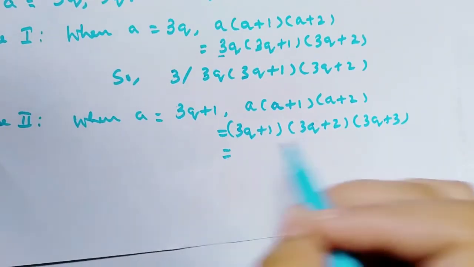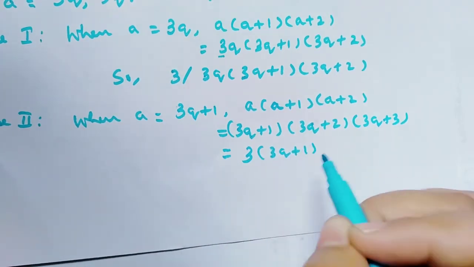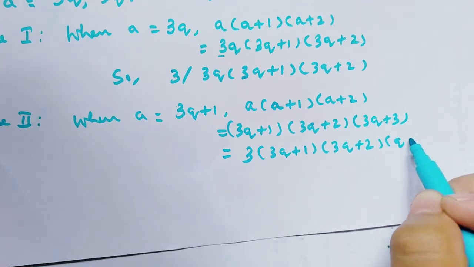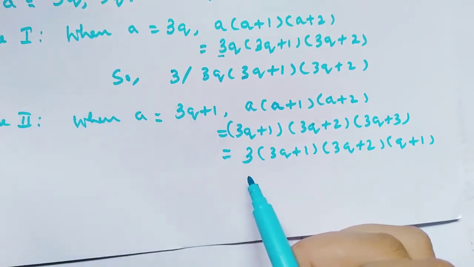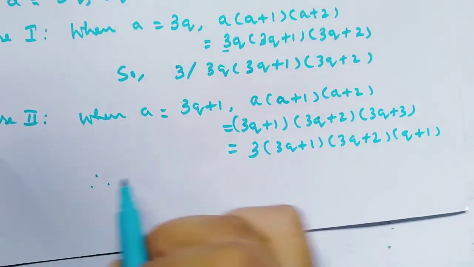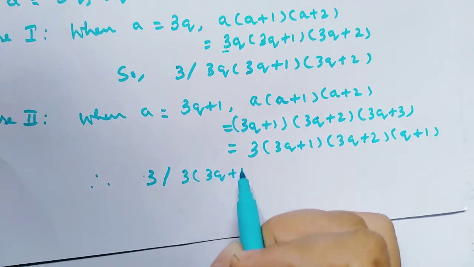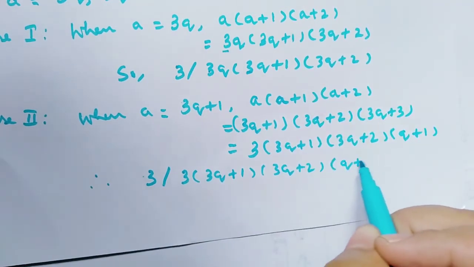From here we can take 3 outside, and we are left with q plus 1. See again, this is a multiple of 3, so 3 divides 3 into 3q plus 1, 3q plus 2, q plus 1.